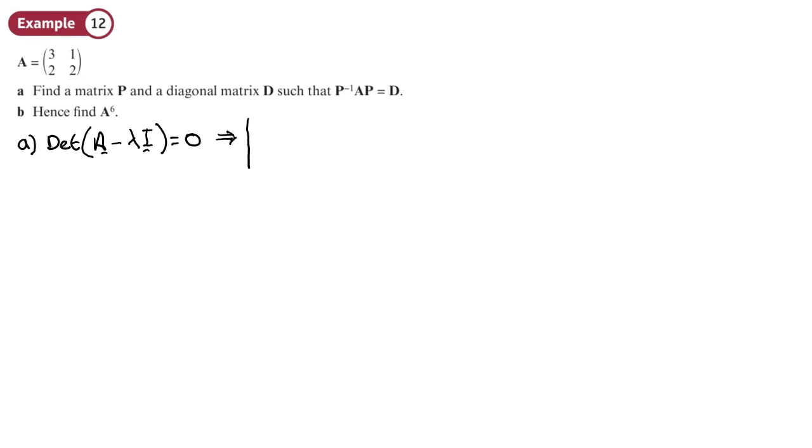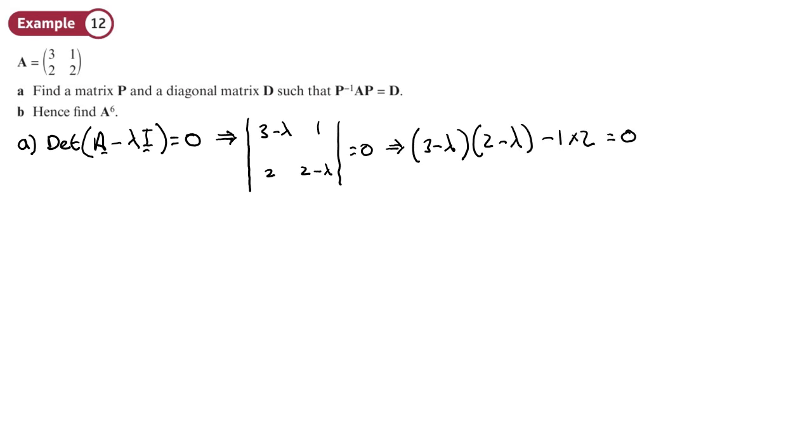So it's going to be the determinant of 3 minus lambda, 1, 2, 2 minus lambda equals 0. So that's going to give us 3 minus lambda times 2 minus lambda, minus 1 times 2 equals 0.